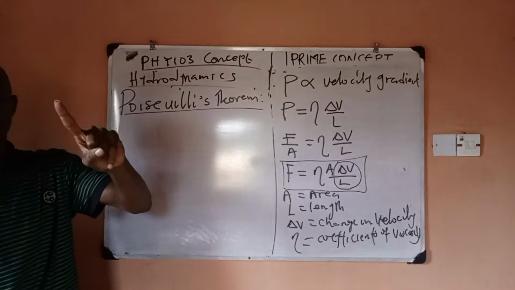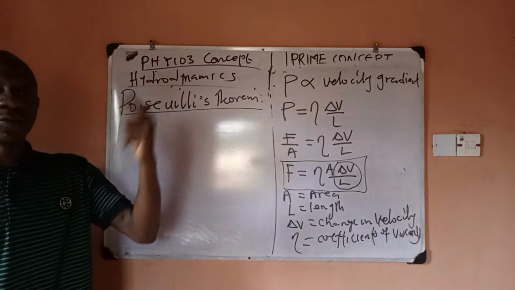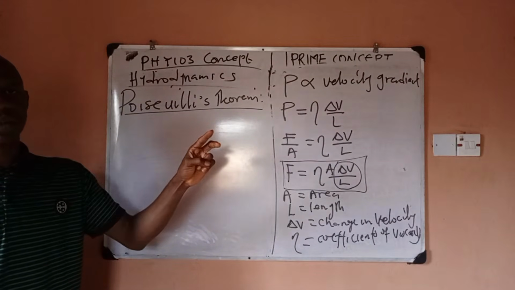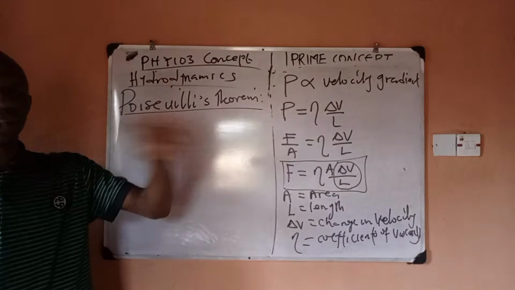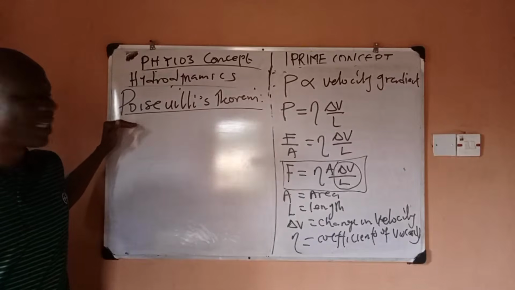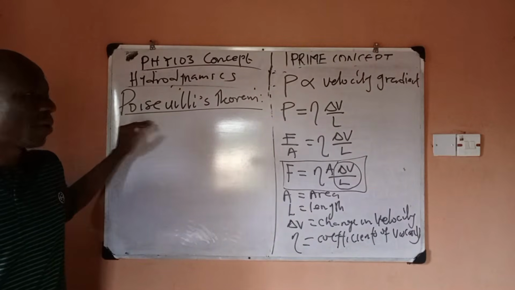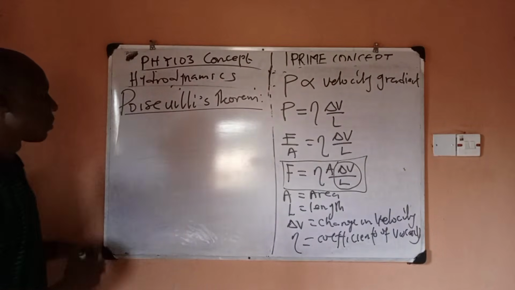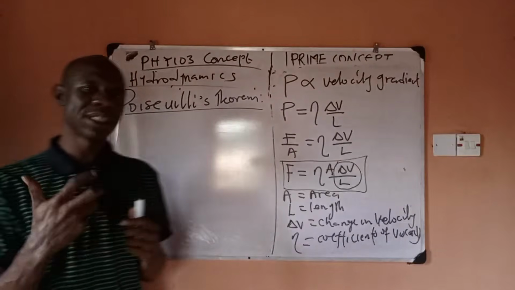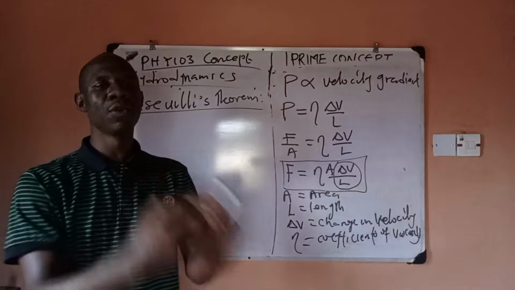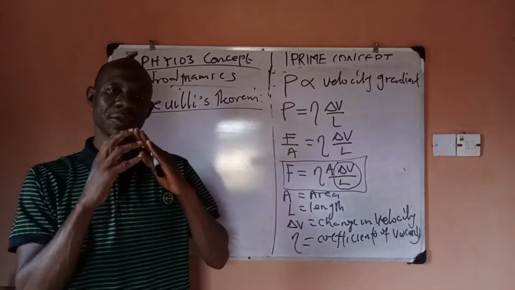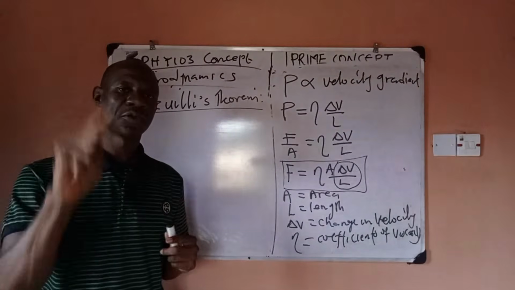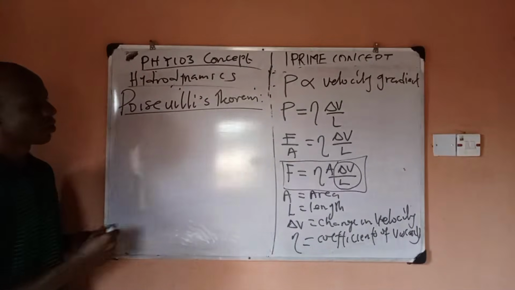Remember, Bernoulli's theorem is not applicable to a viscous fluid, the continuity equation is not applicable to a viscous fluid, and Torricelli's equation is not applicable to a viscous fluid. But when a fluid has viscosity, we can apply Poiseuille's theorem. Is that clear to you? Poiseuille's theorem studies the rate at which fluid flows, the fluid flow for a viscous fluid.